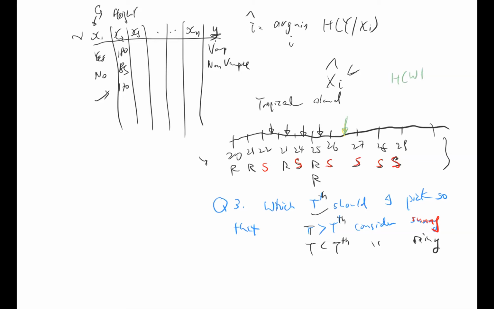H weather with T threshold equal to 26.5 is basically H(W | T bigger than 26.5) times the probability T bigger than 26.5, plus the probability T less than 26.5 times H(W | T less than 26.5).